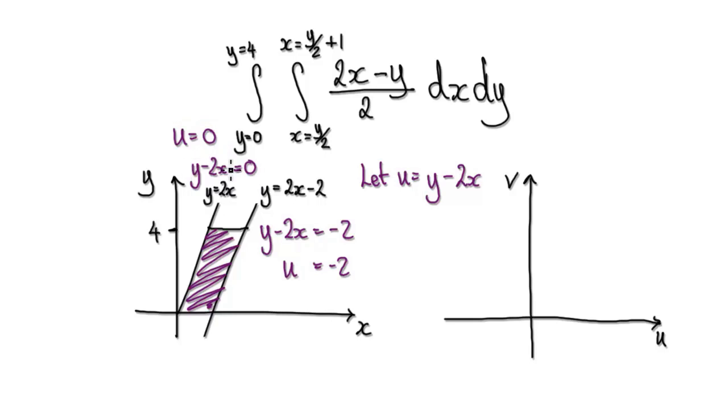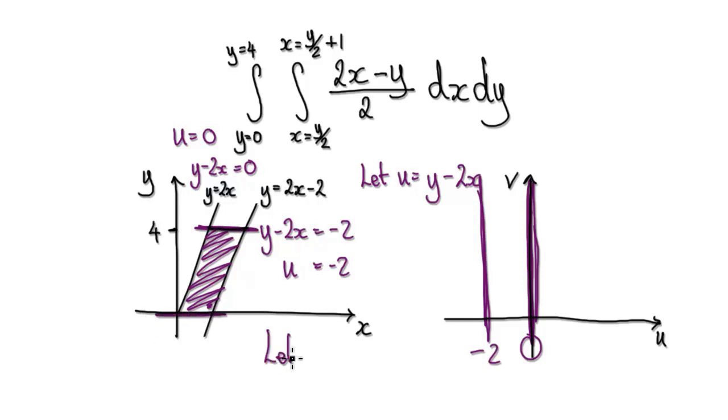So what this is saying is that u equals 0 would look like this, somewhere along here, and then u equals -2 is here. And then this is quite simple. Let v equals y.